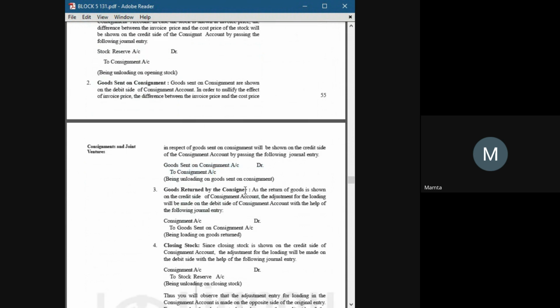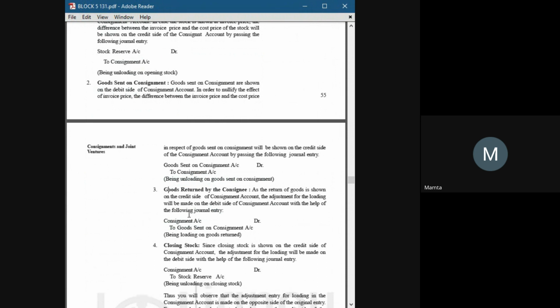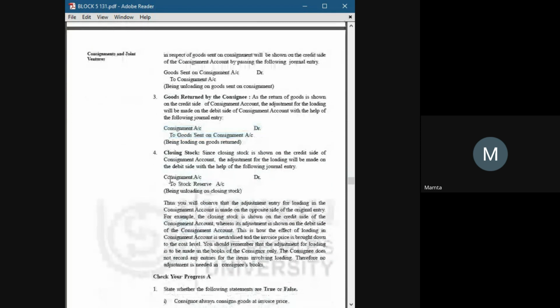Goods returned by the consignee: consignment account debit to goods sent on consignment account. Closing stock: the entry for the closing stock would be consignment account debit to stock reserve account. This is the entry for closing stock of unloading.